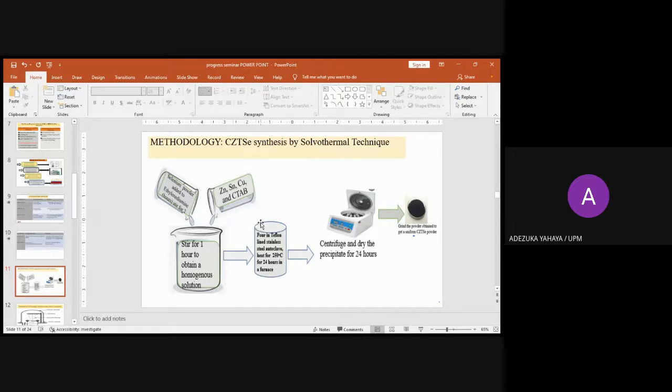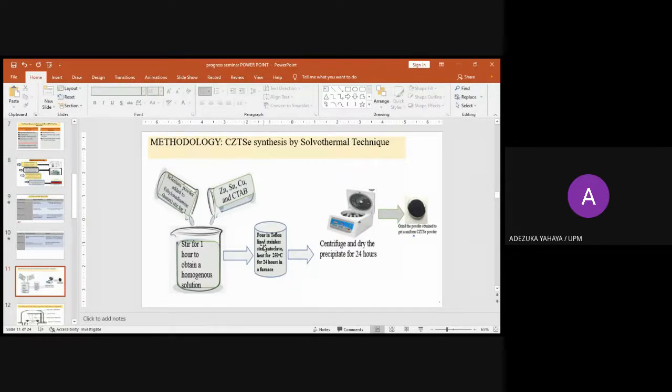After 2 hours, I added the zinc, copper, and tin, then CTAB, which serves as a surfactant. I stirred for 1 hour to obtain a homogeneous solution.